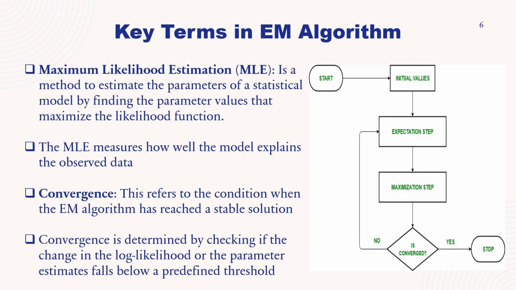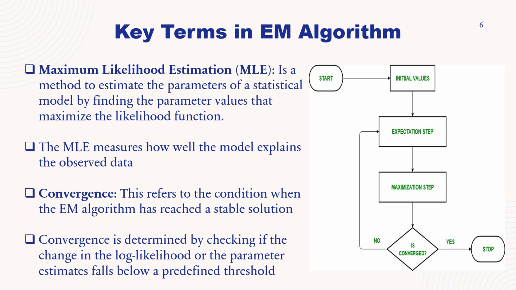Maximum likelihood estimation, MLE, is a method to estimate the parameters of a statistical model by finding the parameter values that maximize the likelihood function. The MLE measures how well the model explains the observed data.